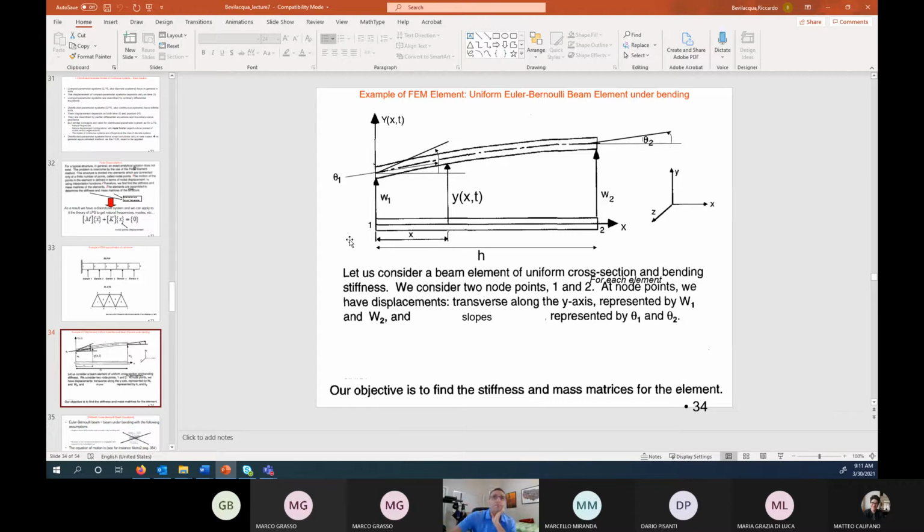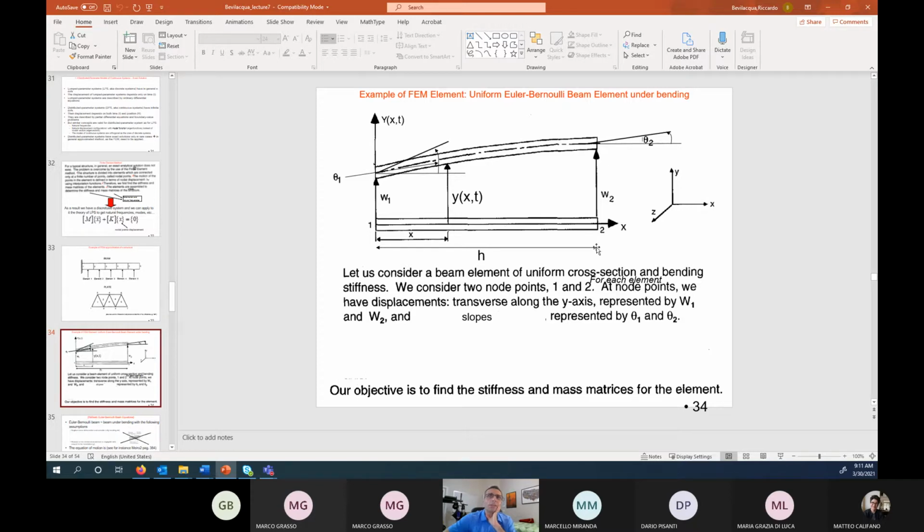So this is one element, and you see there is node 1 to the left, node 2 to the right. I use some Cartesian system X and Y to represent its deformation. I call W1 and W2 the displacements along the Y-axis. And I don't really talk about rotations, I talk about slopes, represented by theta 1 and theta 2 at the nodes themselves.